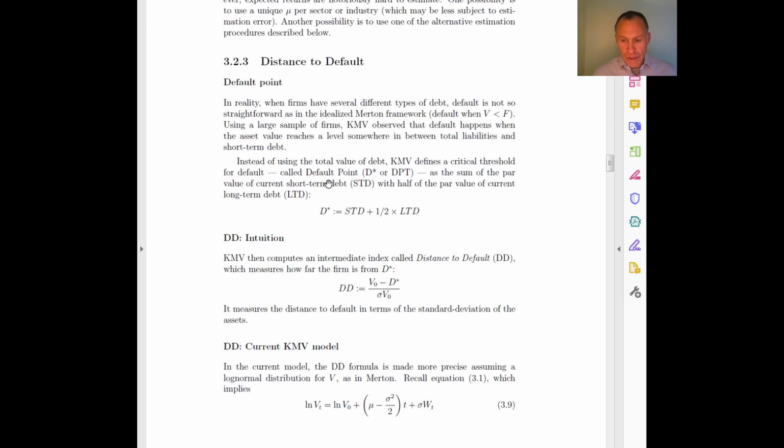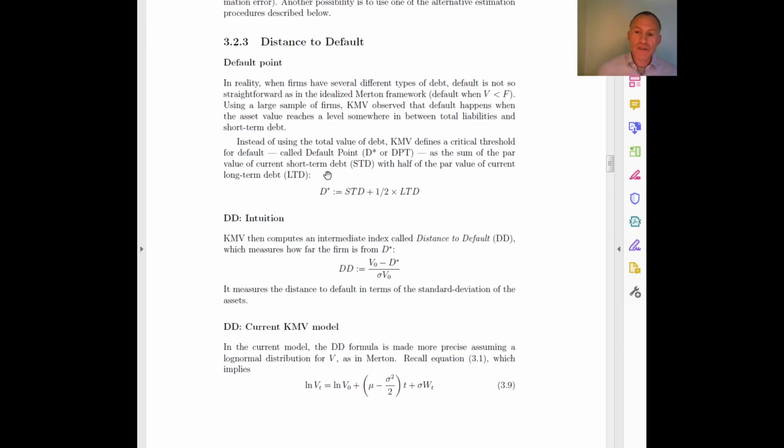So the main idea is the following. In Merton, a firm would default whenever the value of the assets was below the face value of debt. In practice, we observe that it is not that simple. Firms do not default immediately as soon as the value of the assets falls below debt. They are able to hang on for some time. So what KMV does is define a default point, which we call here D star, which is the short-term debt plus a fraction of the long-term debt.